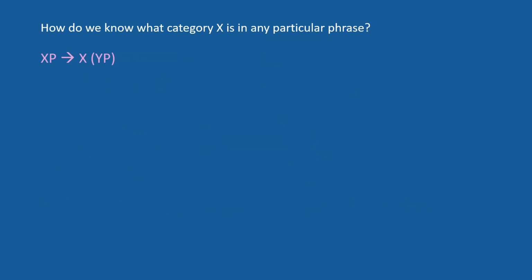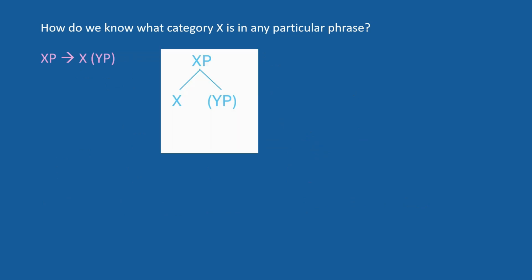Okay, so coming back to our X-bar rule here, how do we know what the X actually stands for in any particular case? Well, let's go back to the structure that we produce with this rule. Now, we've got here a word position, the X, the head position. Suppose we insert a word into it, any random word. Let's put dog in there. Now, dog is a word which we know, by knowing its lexical properties, is a noun.